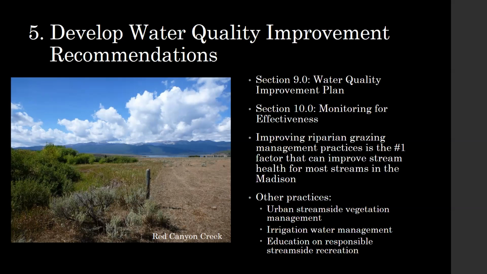The number one factor in this watershed that can improve stream health for most of the streams is improving riparian grazing management practices. And I have a picture here of Red Canyon Creek watershed, which is a tributary to Hebgen Lake. This is a really good example of showing how fencing can protect streamside vegetation.